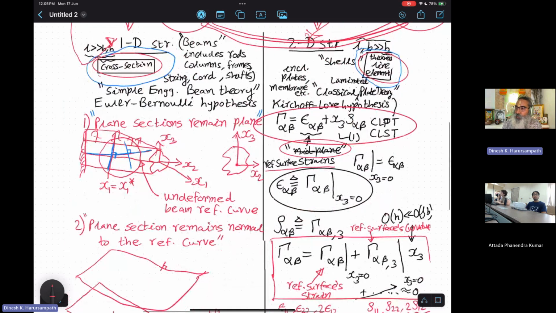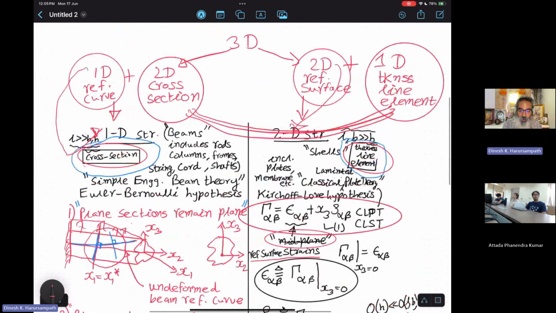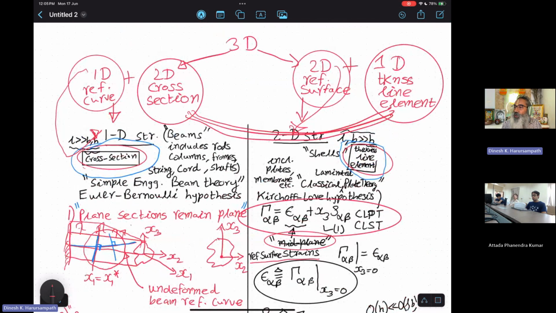Is this particular assumption clear? The so-called Kirchhoff-Love, what we did with respect to gamma, alpha, beta, breaking it into epsilons and rhos, both of which are now functions of a lesser number of independent variables, because x3 is dropped out, comes out explicitly in this particular equation that I've shown over here.